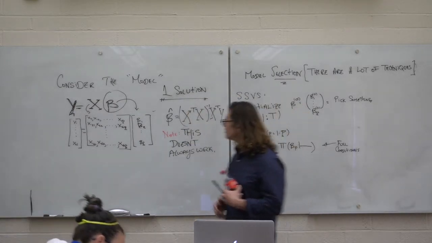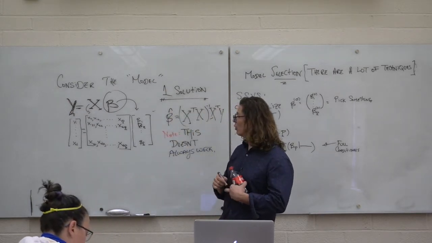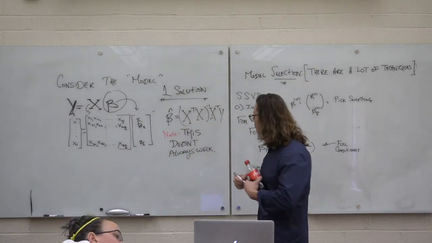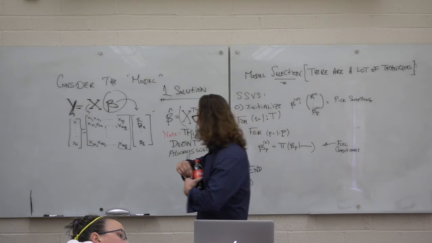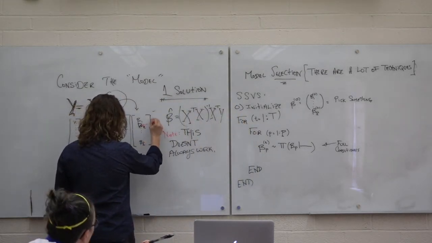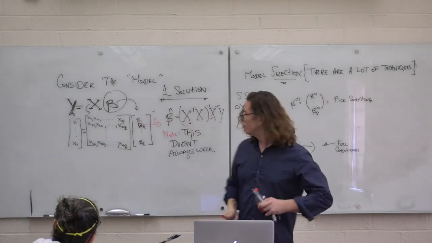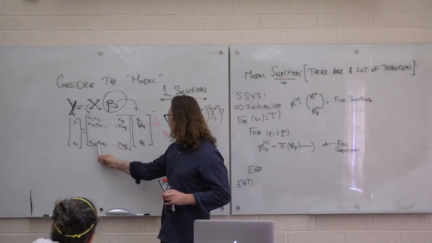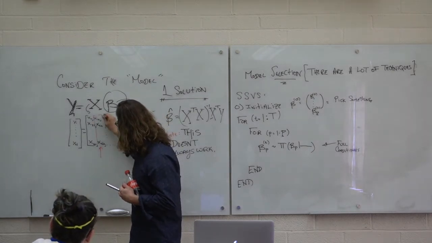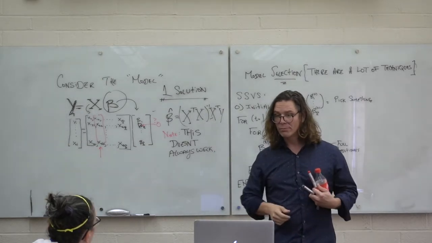If that were the case, we would want to drop this column out of the matrix since it has no association with y. But we don't know in advance which columns to drop. So what we're really going to do is try to estimate whether or not this coefficient is 0. Dropping this column out of the matrix would be equivalent to setting beta 2 equal to 0 in the model.